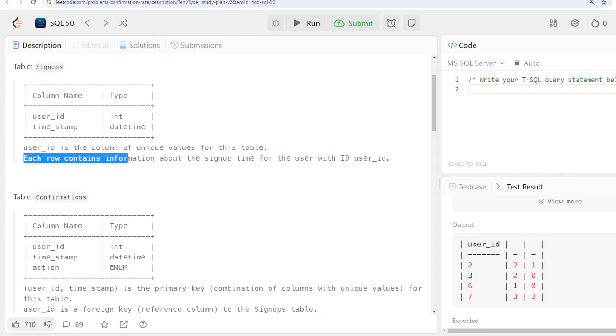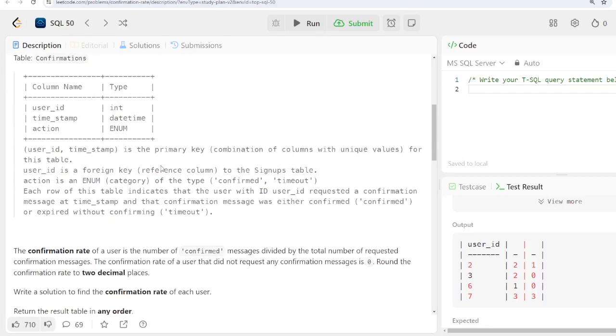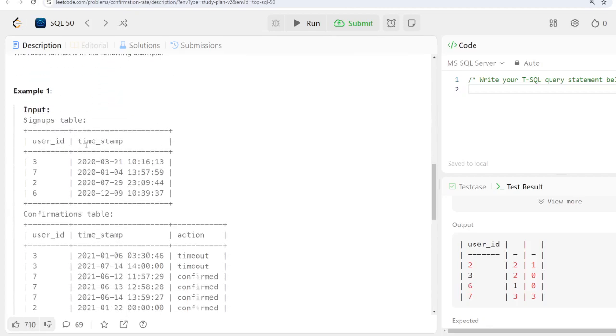Each row of this table contains information about the sign up time for the user with ID user ID. So for example, they have given us the table as well. So this signups table, each row indicates the user ID and the sign up time when he basically did the sign up.